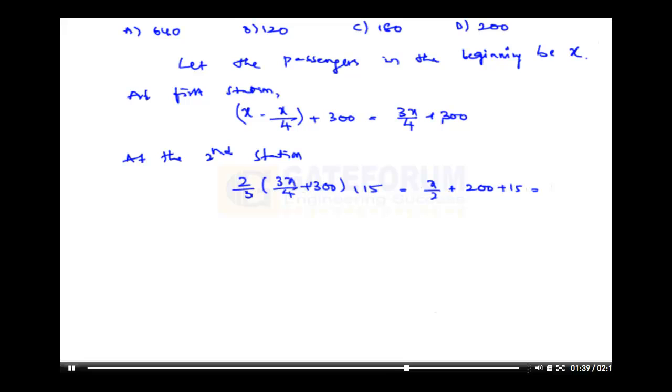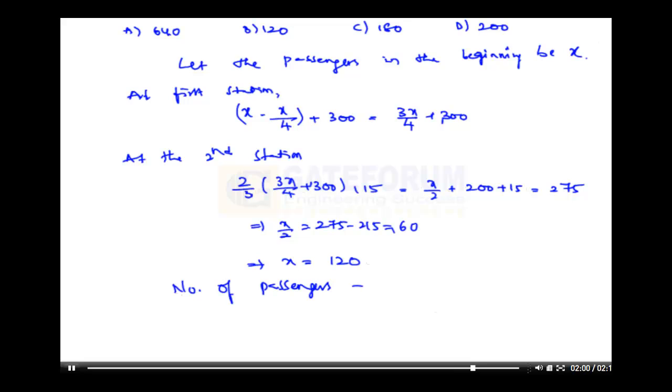Now there are 275 passengers. So X by 2 equals 275 minus 215, which is 60, implying X equals 120. So the passengers at the beginning were 120. The option goes to option B.